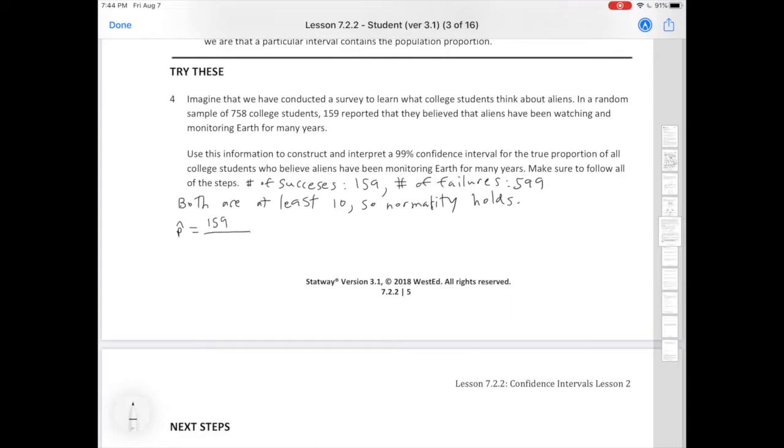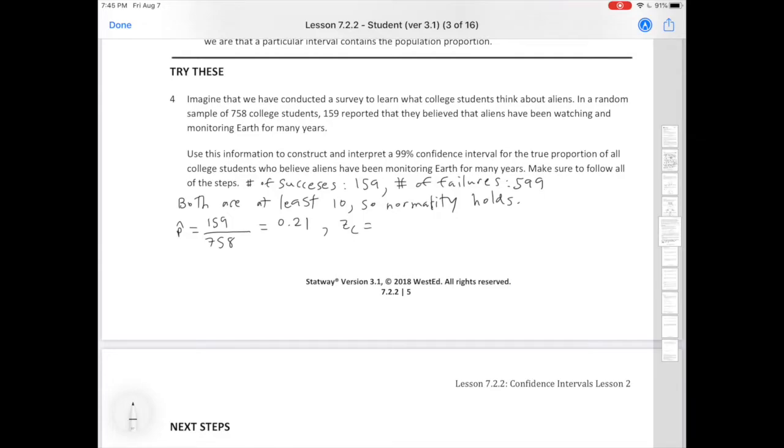So p hat is equal to, there were 159 students that believed in aliens out of the 758 students that they surveyed. So what's that proportion? Let's do 159 divided by 758, and I get 0.21 if I round it. 0.21.